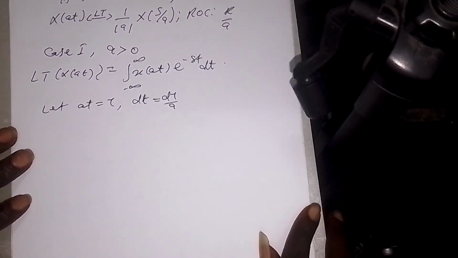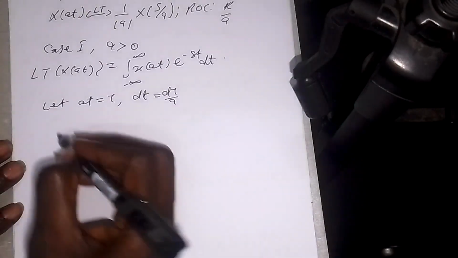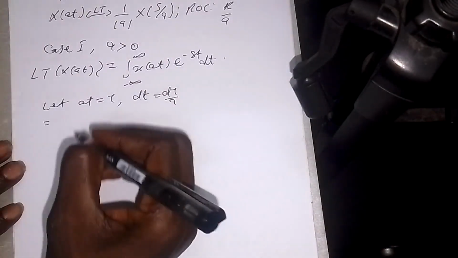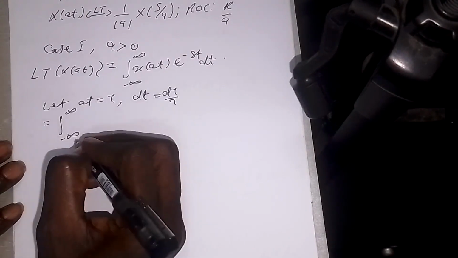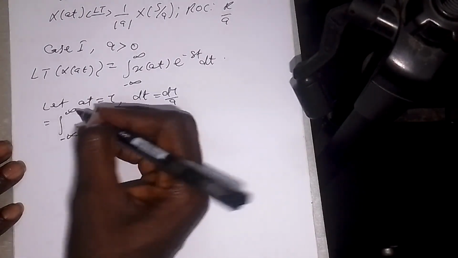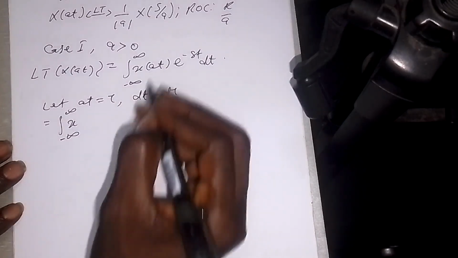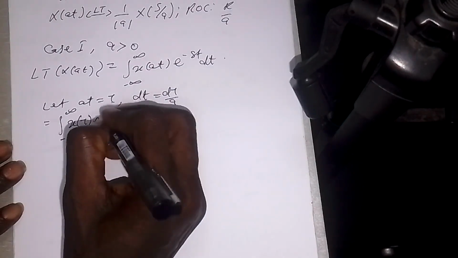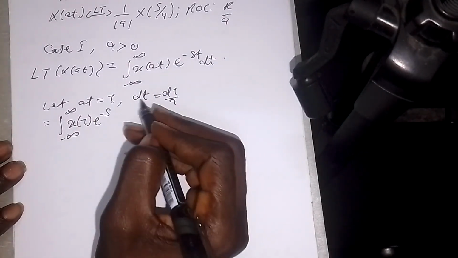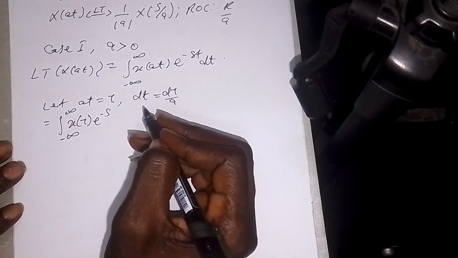Now the Laplace transform will become the integral from minus infinity to infinity of x of tau into e to the minus s times t. What does this t become?